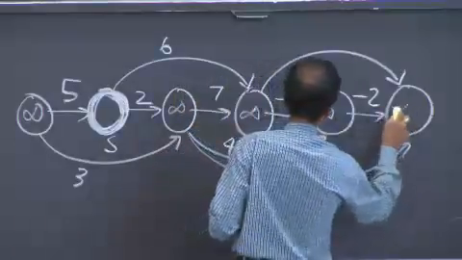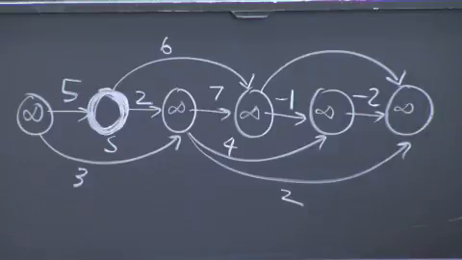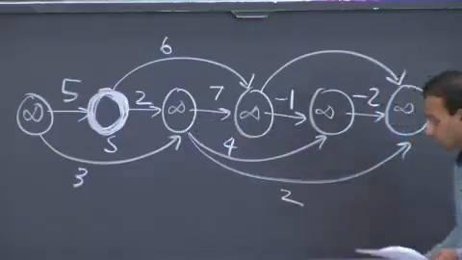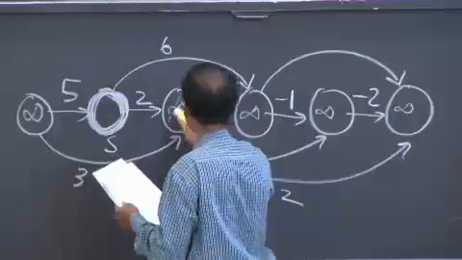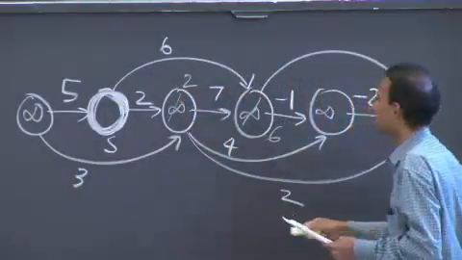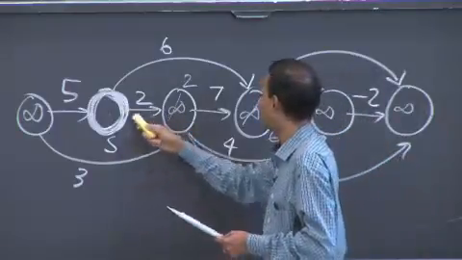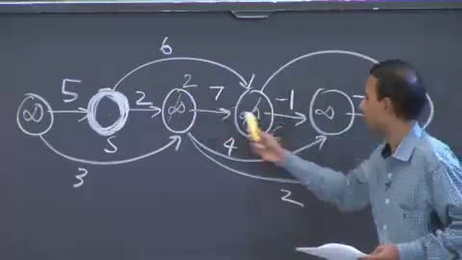So everything is infinity. The ones to the left stay infinity. The ones to the right are going to be reachable. And you're going to update those values. And so when you go like so, this becomes 2. This becomes 6 as I follow that. And I'm done with this vertex S.